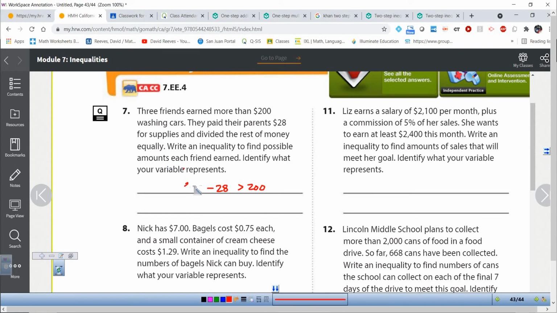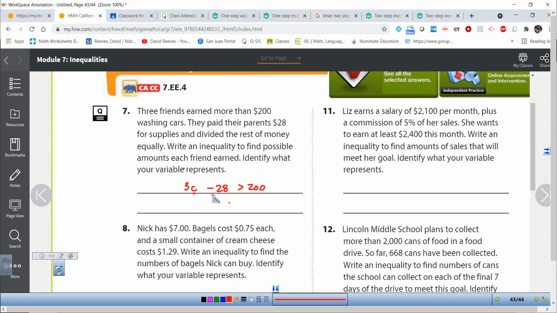If I multiply it by 3, well, then that is going to be what I want, right? Because I want to say this is for each person, okay? Does that make sense? You might think we want to divide it by 3, but actually we want to know what each person earned, multiply it by 3, take away 28, and it's greater than or equal to 200.